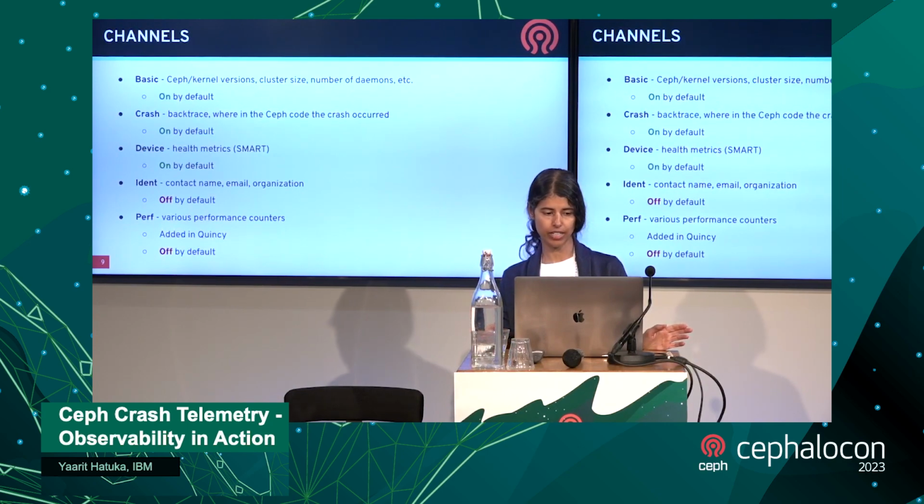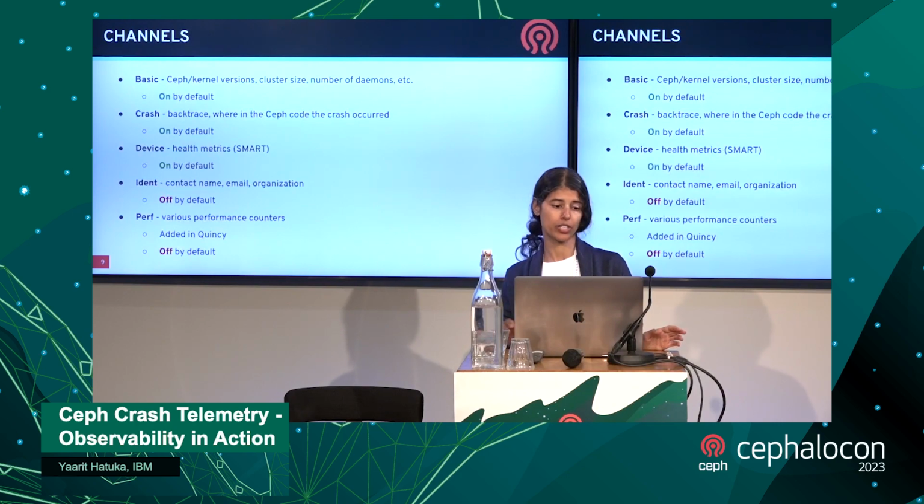There's also an ident channel, which is off by default, which allows users to add some contact details about themselves, like email and organization. And in Quincy, we added the perf channel, which reports various performance counters from the cluster.